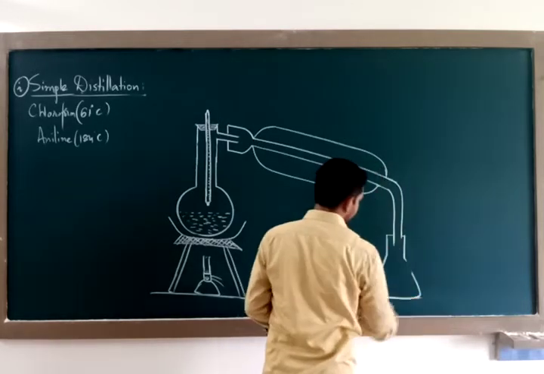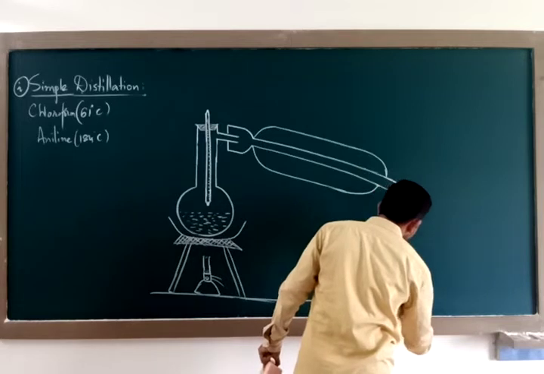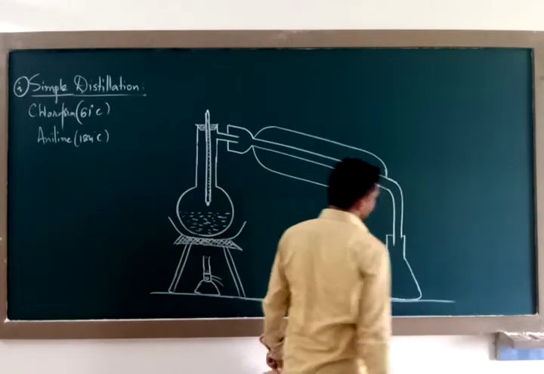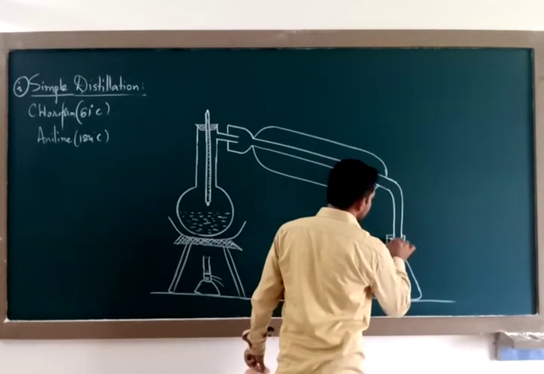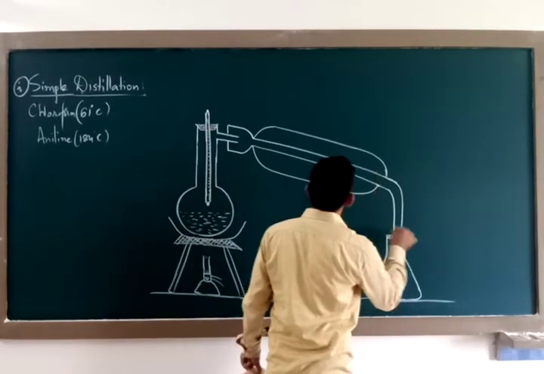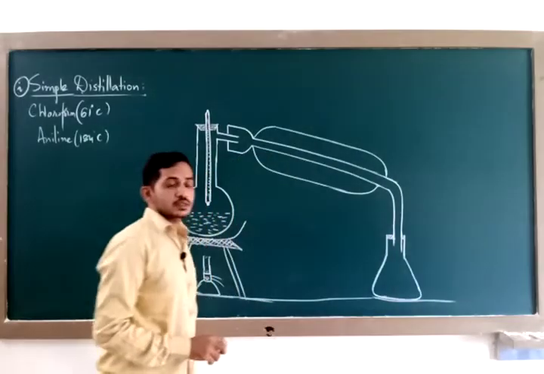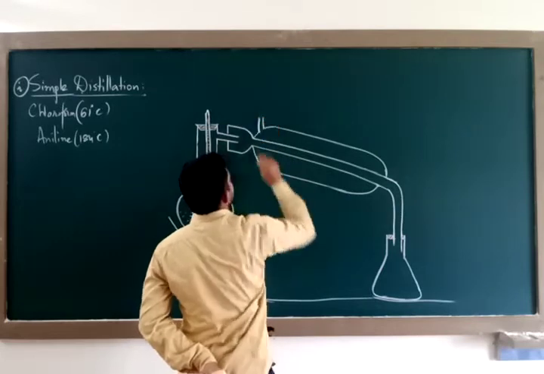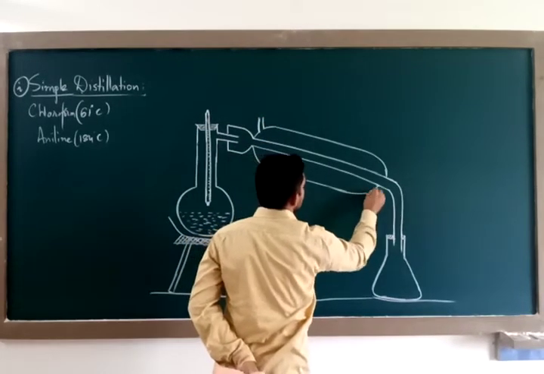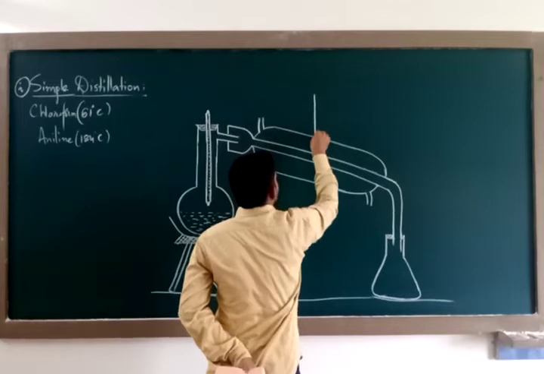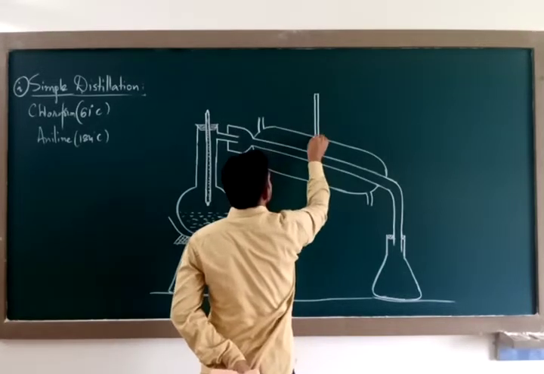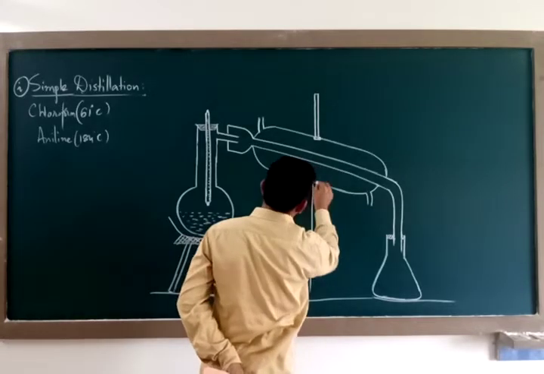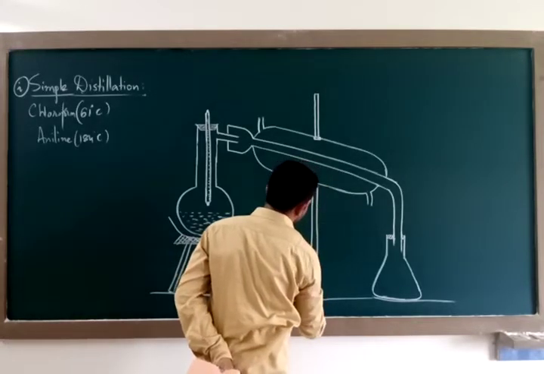Now when this setup is done, the water condenser has got two openings. The water condenser is fitted on a stand for support.